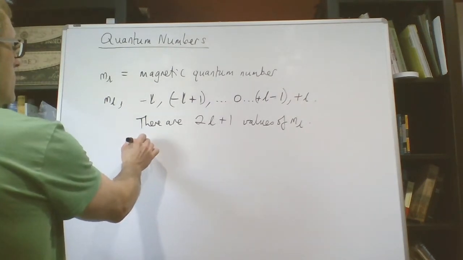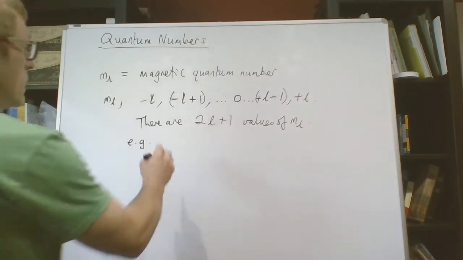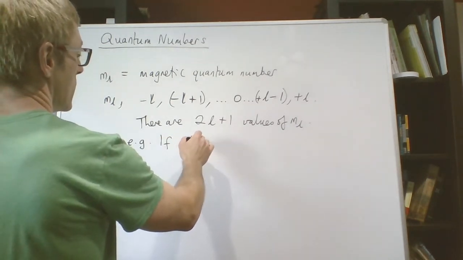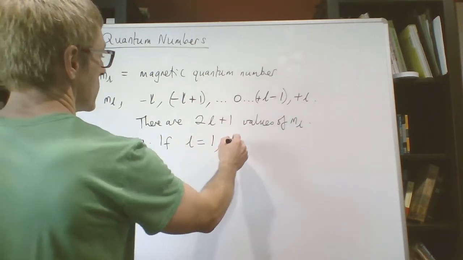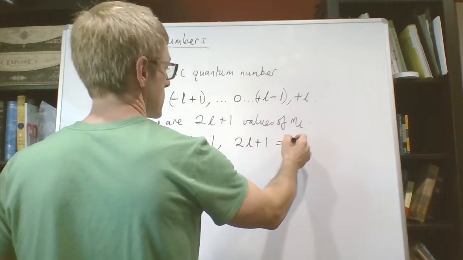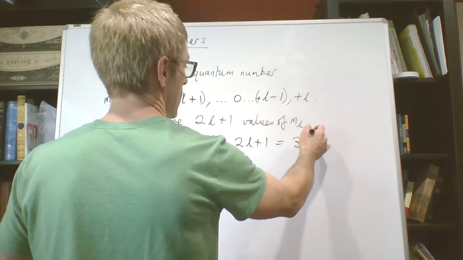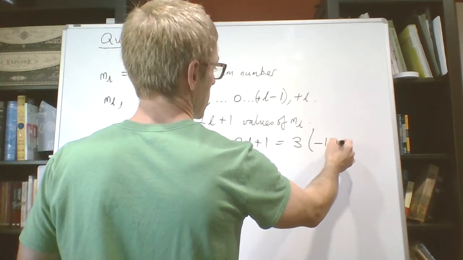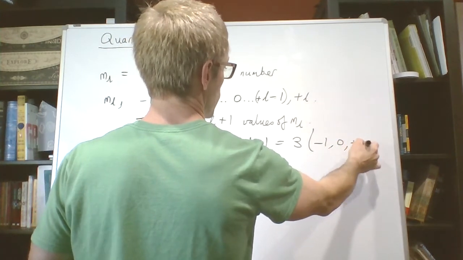And you can see that, so for example, if L equals 1, 2L plus 1 is going to be 3, and that would be negative 1, 0, and plus 1.